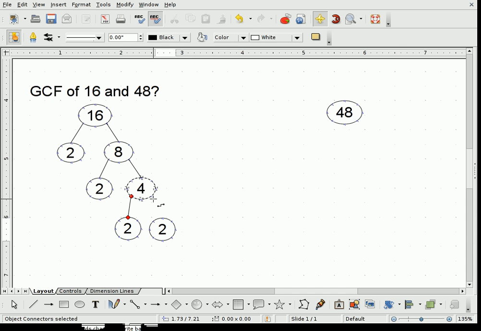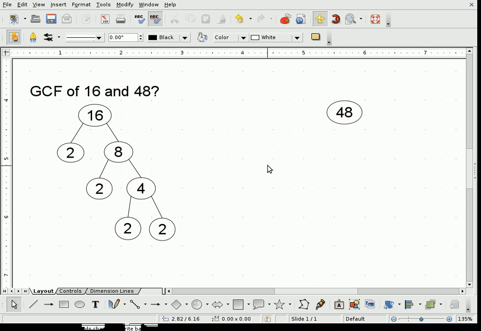Okay. And 2 is no longer divisible, cannot be broken down into smaller prime numbers because 2 itself is a prime number. And on this side we have just reduced 16 to its prime factors, which turns out to be 2 times 2 times 2 times 2.